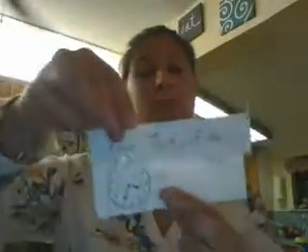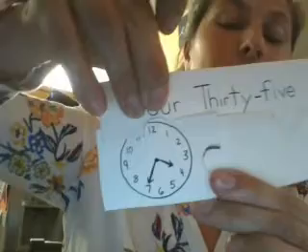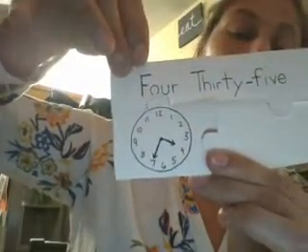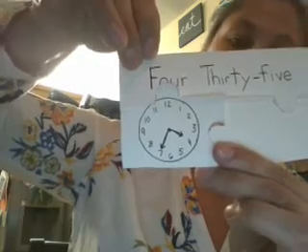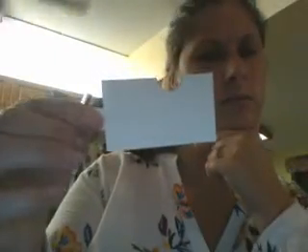This one, first, can you guys tell me what information is missing from this puzzle piece? We're looking for 4:35. We have it in written form, right here. We have it on our analog clock. Do we have it on our digital clock? No. So we need to fill in this information.